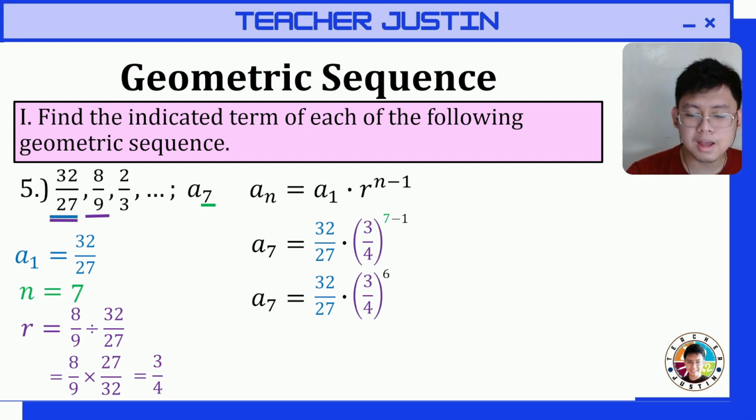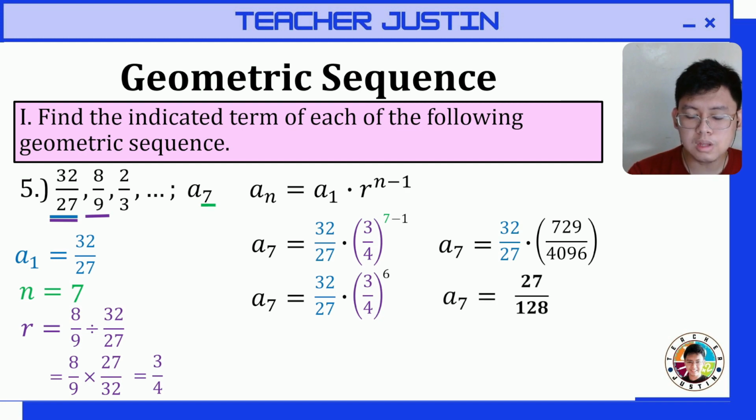Now, let's simplify our exponent, 3 over 4 raised to 6. 32 over 27 times 729 over 4,096. So, let's multiply them. That will give us the 7th term, which is equal to 27 over 128. So, that's it. Ta-da! Alright.